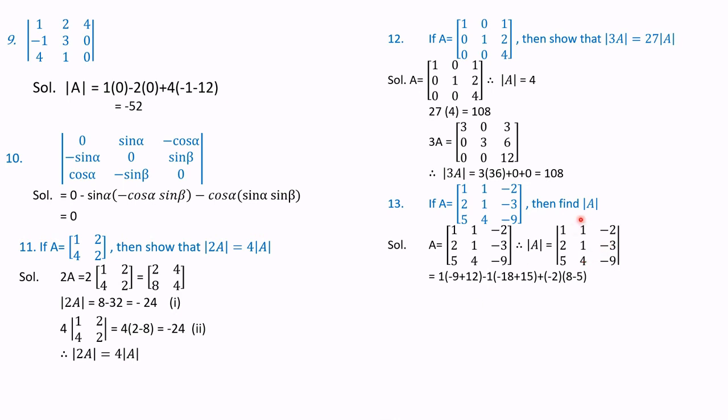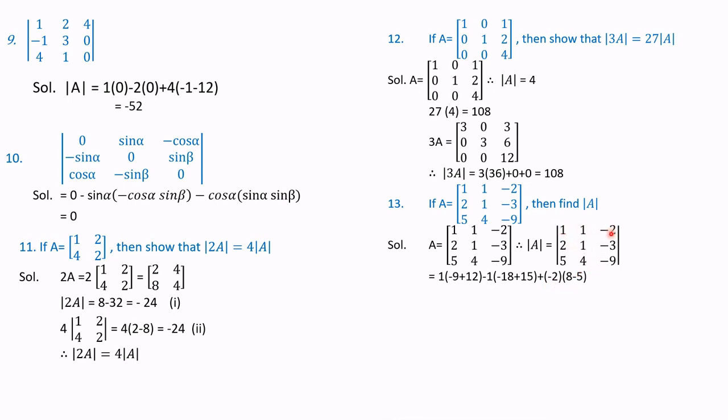Minus 1 into, you cancel this column and this row. So we get 2 into minus 9 is minus 18. Minus of minus is plus. 3 into 5 is 15. So minus 18 plus 15, plus minus of 2 as it is, minus 2 into, we cancel this first row and third column.